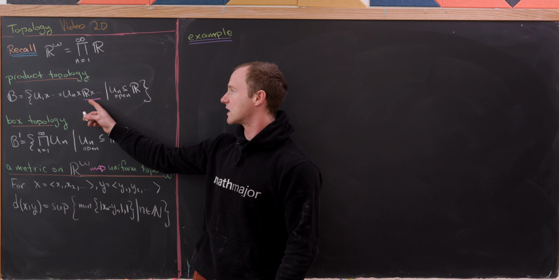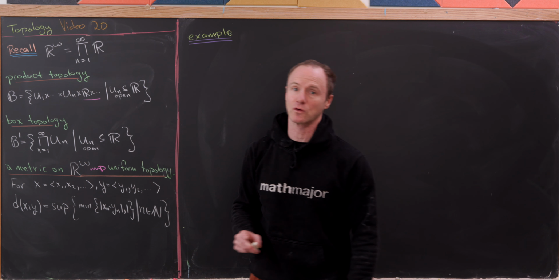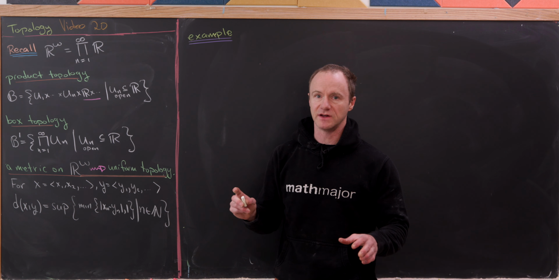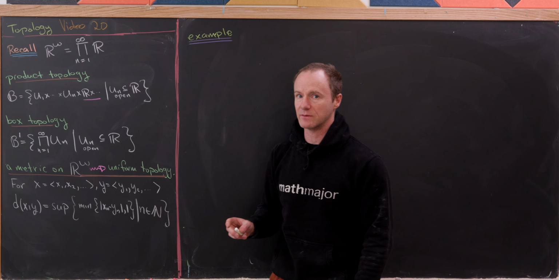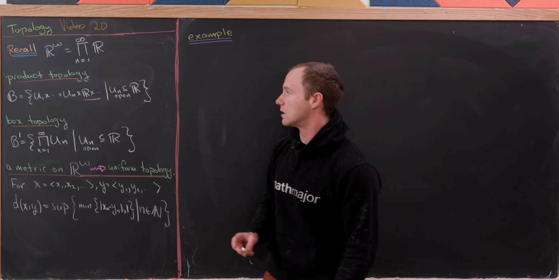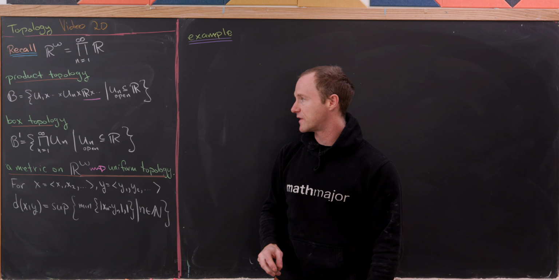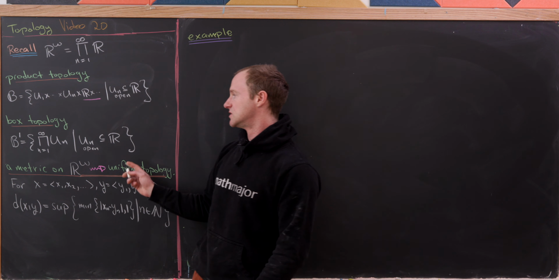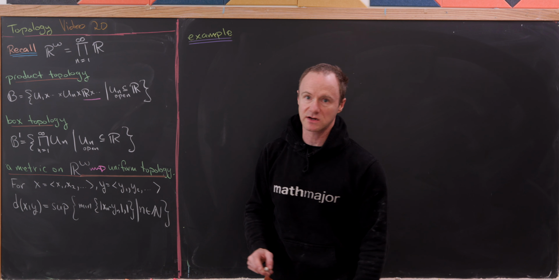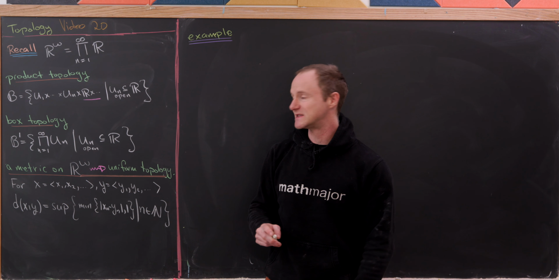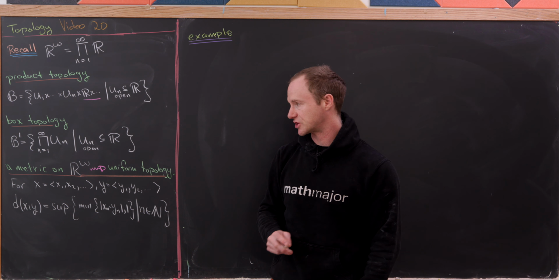The important thing here is that there is a point after which all of the terms are just real numbers. And these UNs are all open in R. But we contrasted that with the box topology, which is just simply the product of a bunch of open sets in R with no restriction.